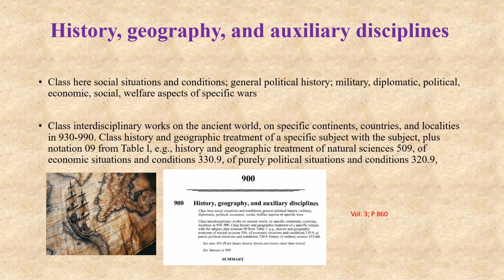In the Dewey Decimal Classification 23rd edition, class 900 is dedicated to history, geography and auxiliary disciplines. This class covers a broad range of topics including historical studies, geographical studies, biographies and travel. Let's break it down further for better understanding. So first, 900 history, geography and auxiliary disciplines.